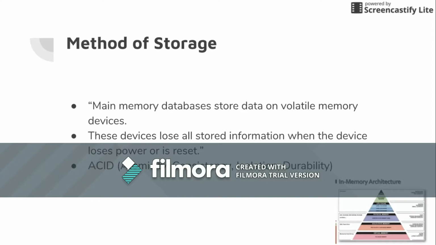We want databases to have atomicity, consistency, isolation, and durability. So as you can assume, we might not have the greatest amount of durability with in-memory databases because, well, it's not durable. You lose the memory the moment the power turns off. That's one of the biggest problems with in-memory databases.